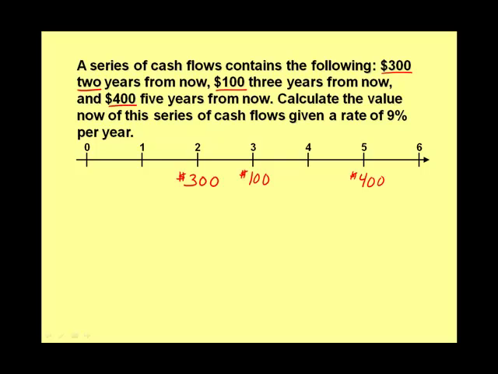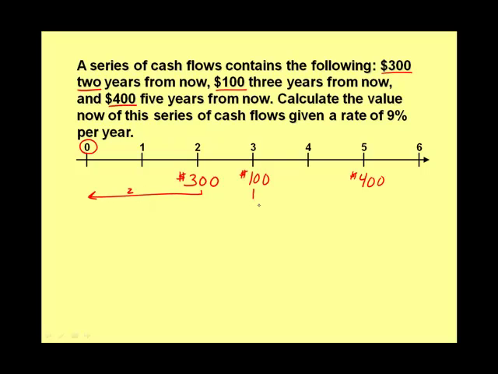We're trying to find the value of that series of payments, all three of those payments, at time period 0, now at the present. And the way we're going to be doing that is taking the present value of each one of those values back to the present and then adding them, so that the $300 will be discounted back twice.